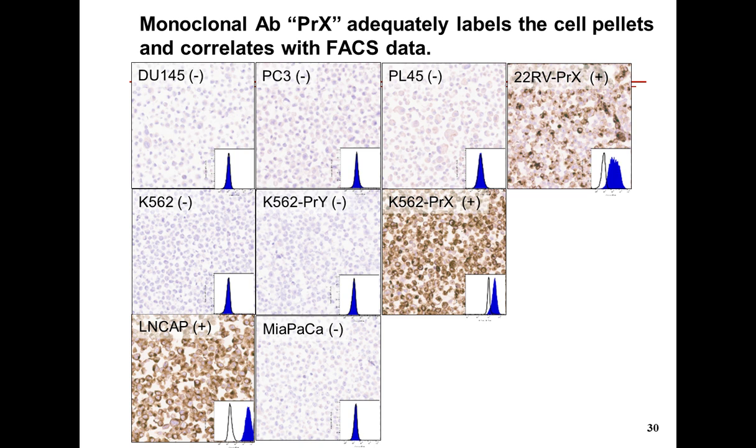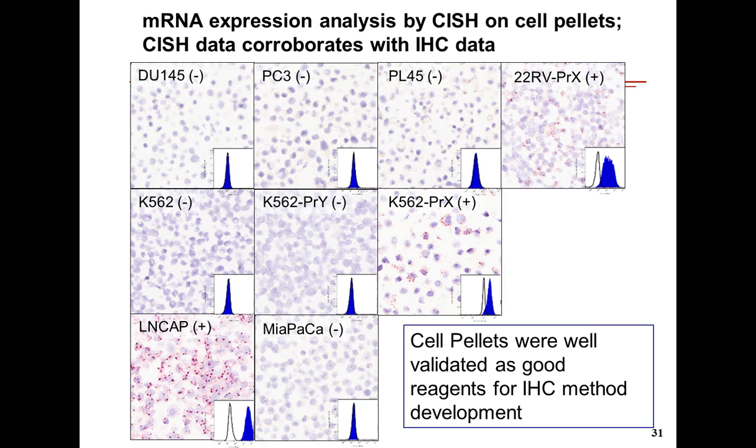When we tested several antibodies, we found the best one was this monoclonal antibody that seemed to adequately label the cell pellets. You can see the FACS data in the bottom right-hand corner of each panel, but the 3 cell lines that were deemed positive by FACS also checked out through IHC.